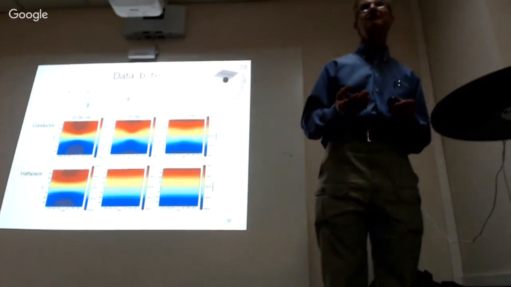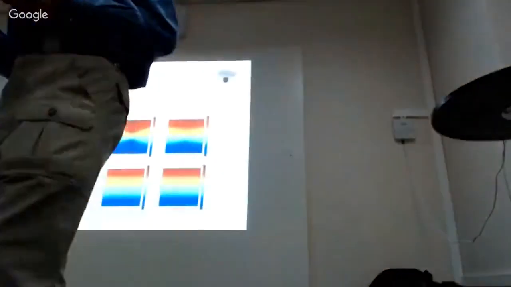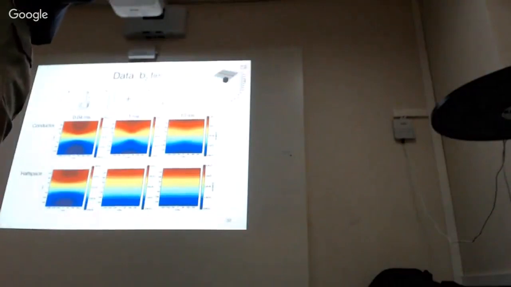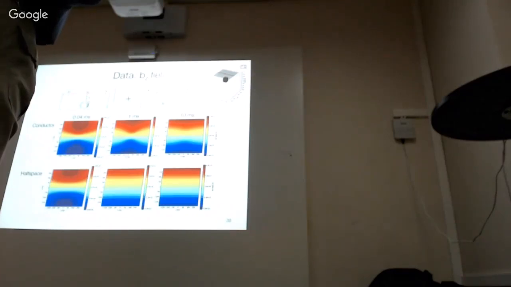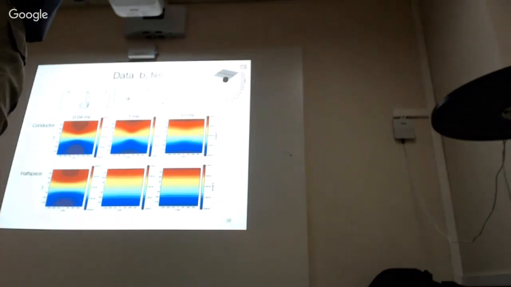Manuel? I guess that I expect more response in the medium than in the resistor body. I'm sorry, you expect more response where? In the medium, more than in the resistor body.